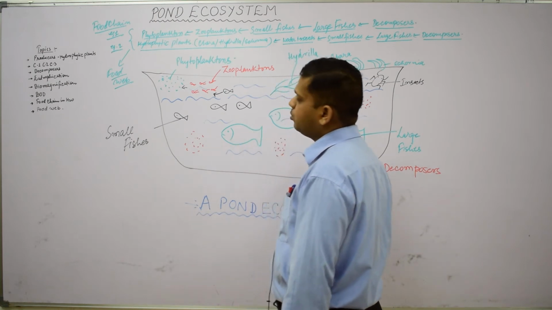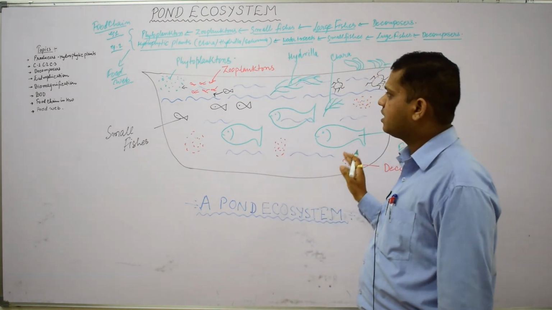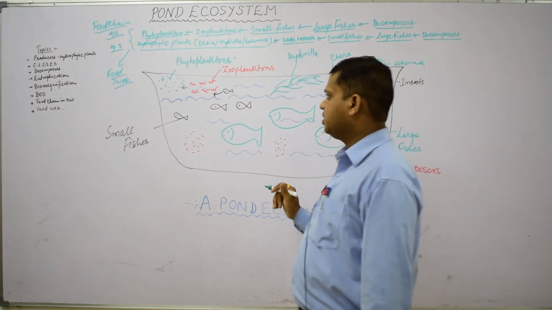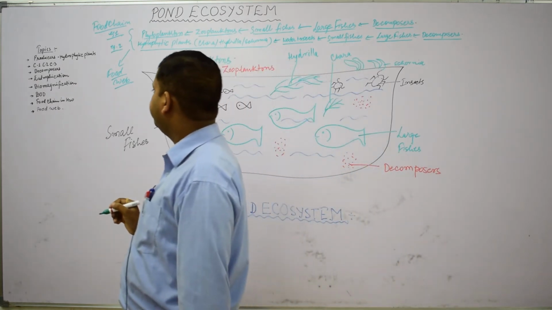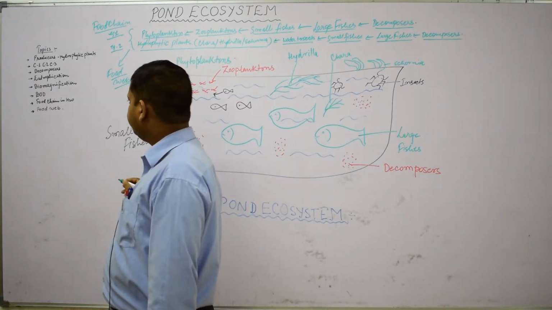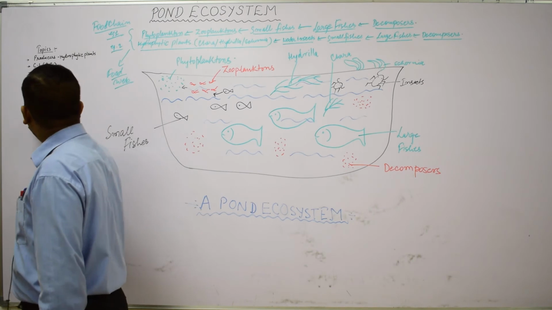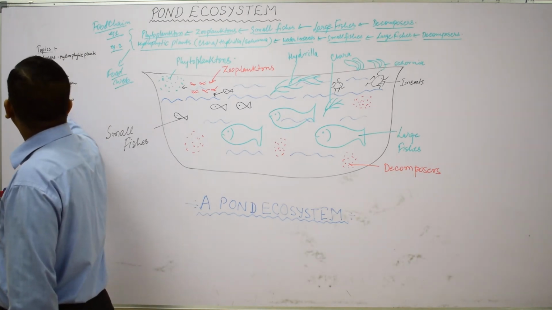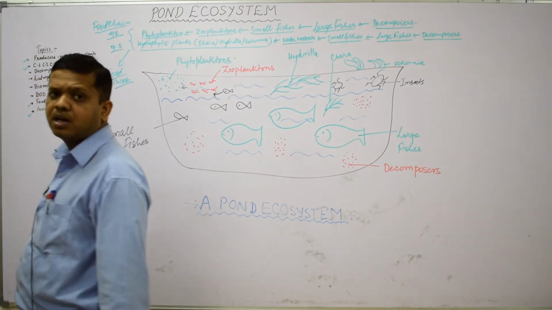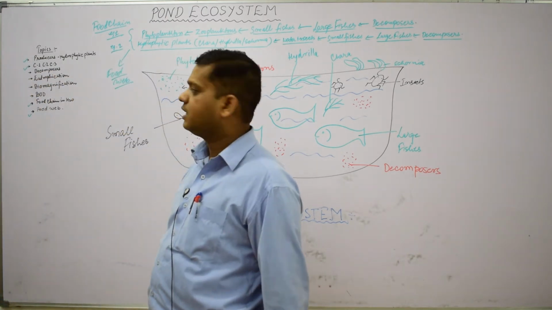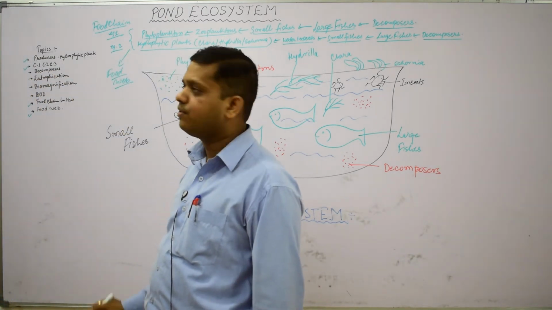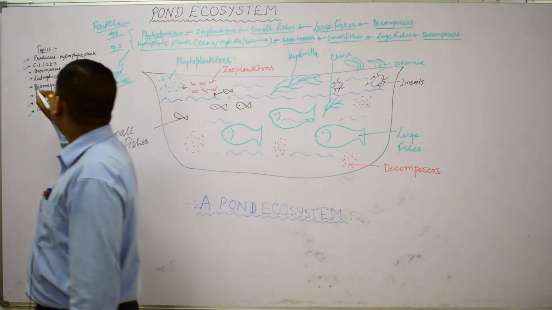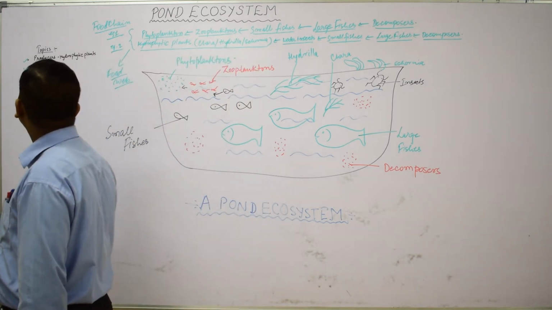Different types of producers as well as consumers are found inside the pond ecosystem. We have understood about producers, about three types of consumers: primary, secondary and tertiary consumers found in the food chain. We have understood about decomposers.